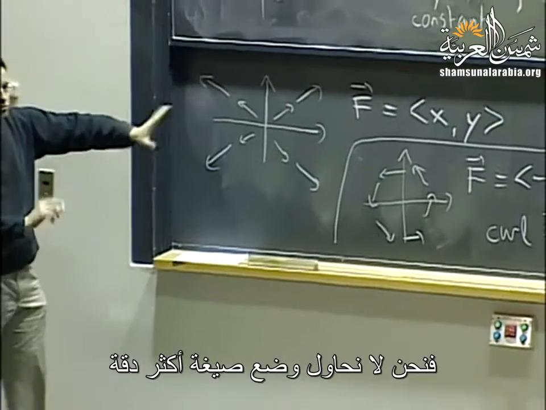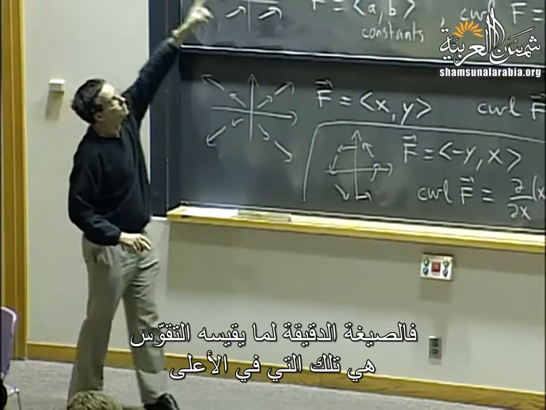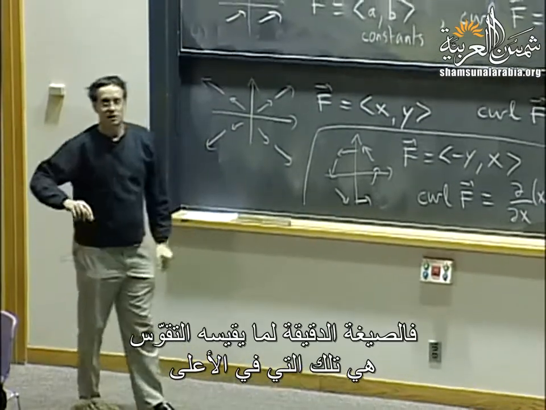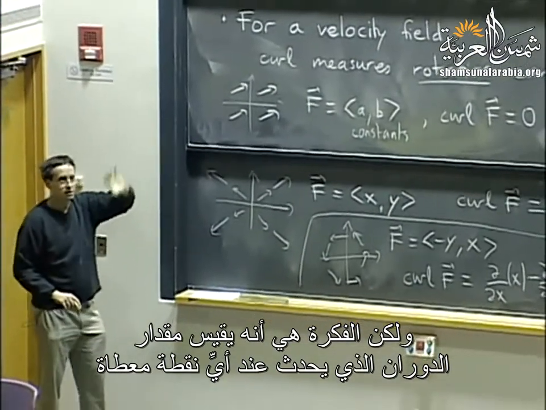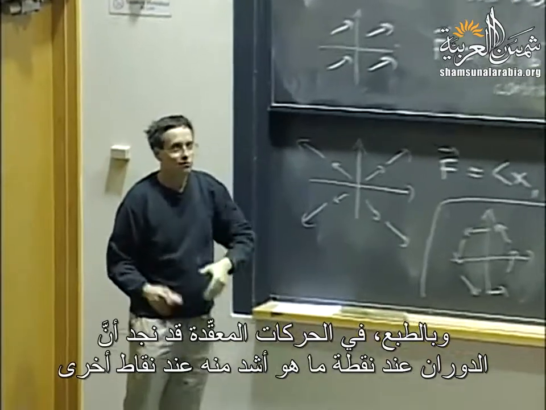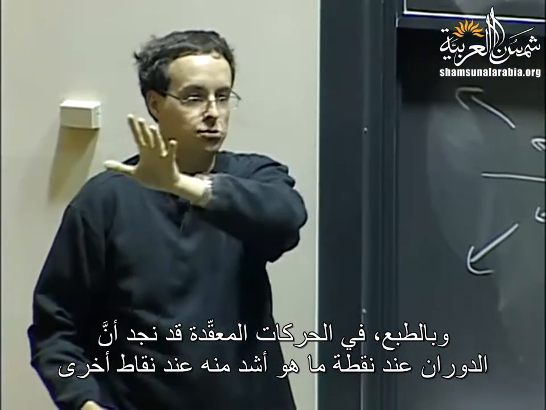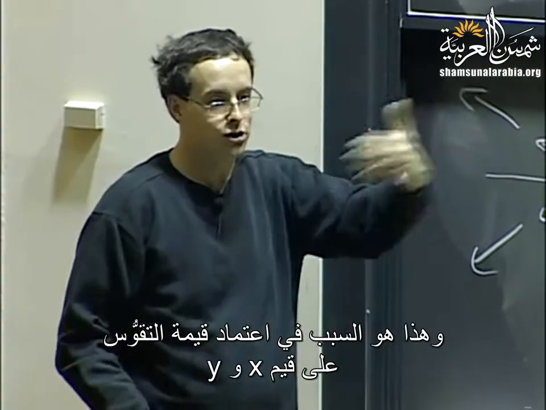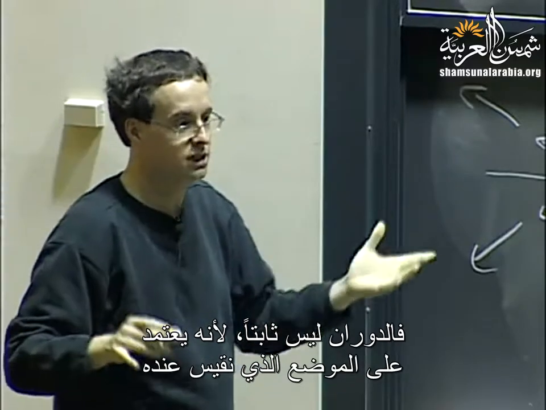I'm not going to try to make a much more precise statement. The precise statement is that what curl measures is really this quantity up there. But the intuition you should have is that it measures how much rotation is taking place at any given point. And of course, in a complicated motion, you might have more rotation at some points than at others, which is why the curl will depend on x and y. It's not just a constant, because how much you rotate depends on where you are.